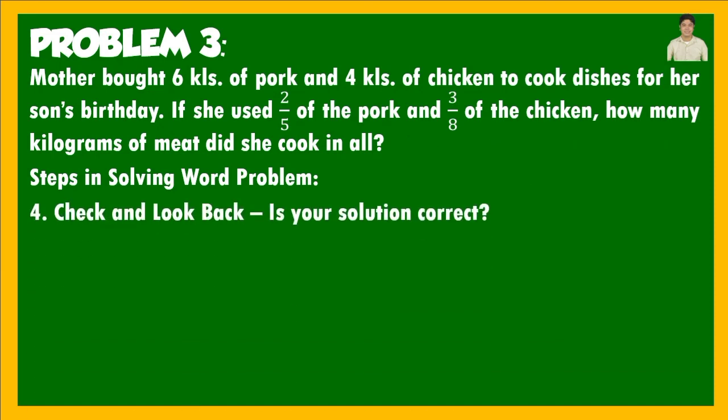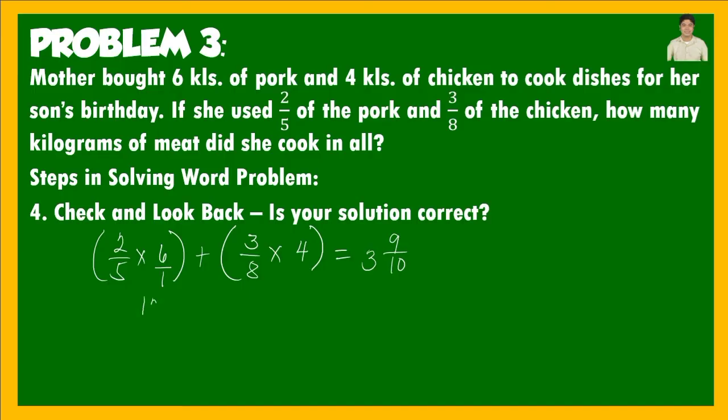So, check natin kung tama yung nakuha nating sagot. So, 2/5 times 6 plus 3/8 times 4 equals 3 and 9/10. So, 2 times 6, that is 12, over 5 times 1, 5.